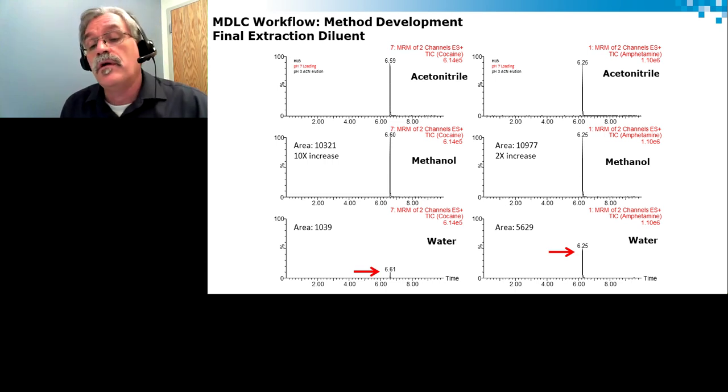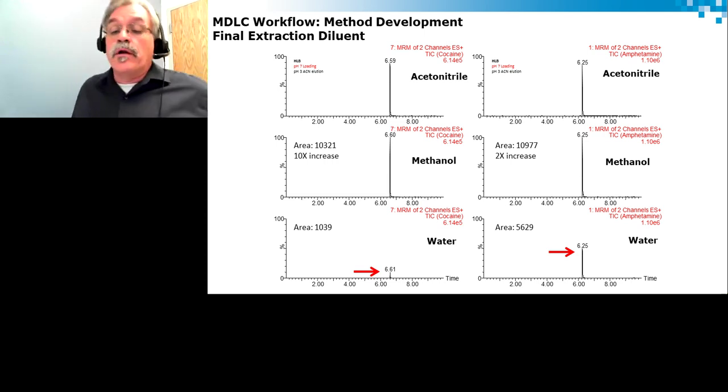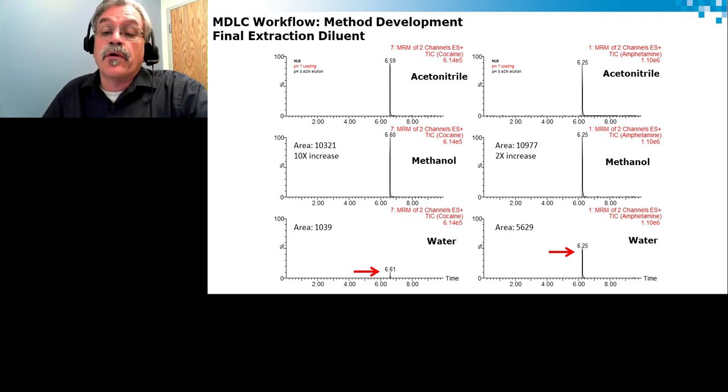How can we explain that? At trace level, anything below the ppb range, you start to have adsorption issues on any type of active surface, especially glass vials.